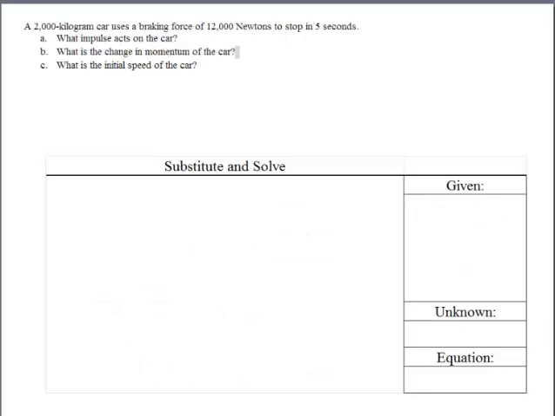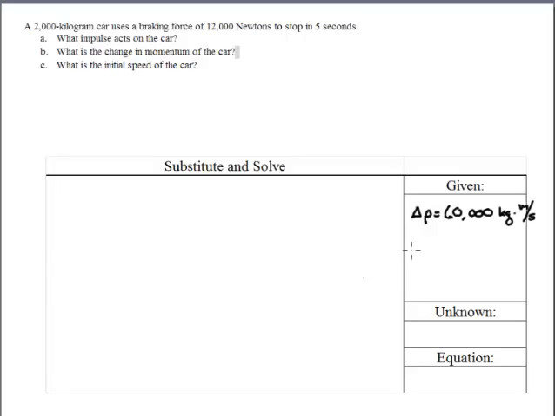Now on to question C. What is the initial speed of the car? Well, let's go back. We know that we have a change in momentum, or an impulse, of 60,000 kilograms times meters per second.